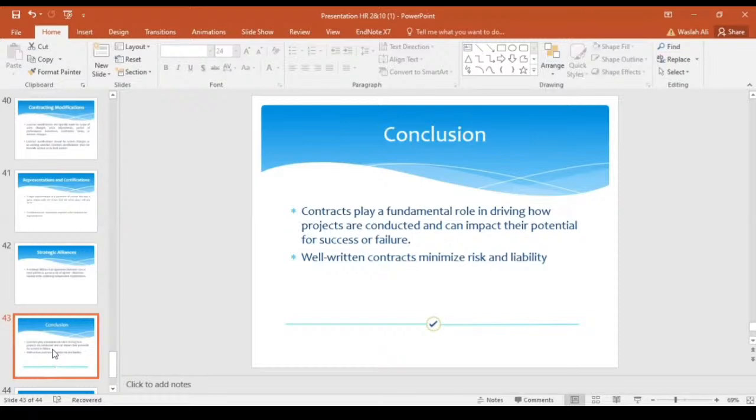Now, the conclusion of this chapter is that contracts play a fundamental role in driving how projects are conducted and can impact their potential for success or failure. Well-written contracts minimize the risks and liabilities.